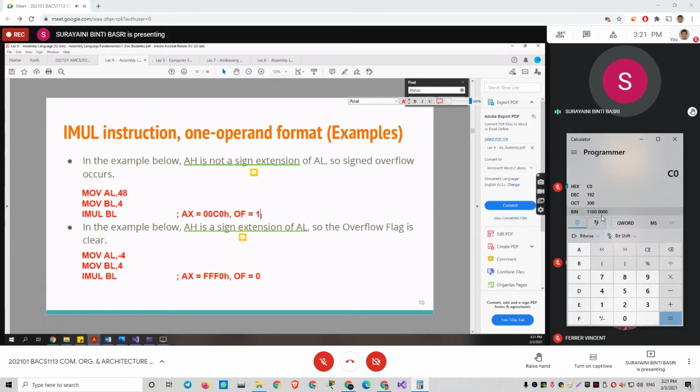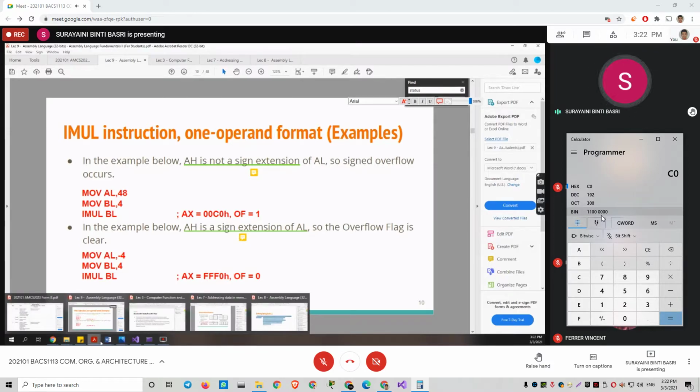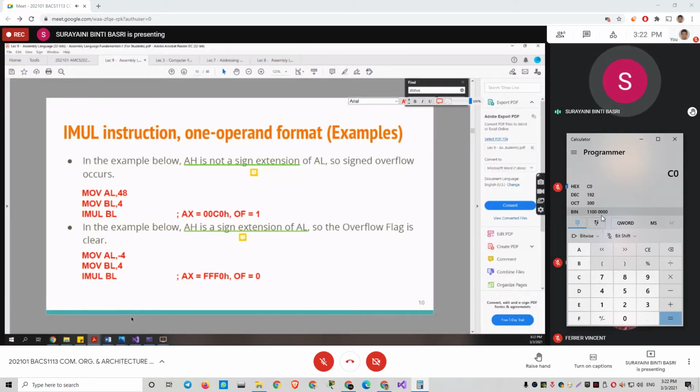This is opposite to the carry flag just now. So in the IMAL instruction, when your AH is not occupied, it means that it has overflow. Just remember this formula.